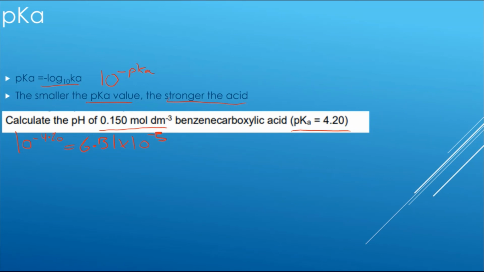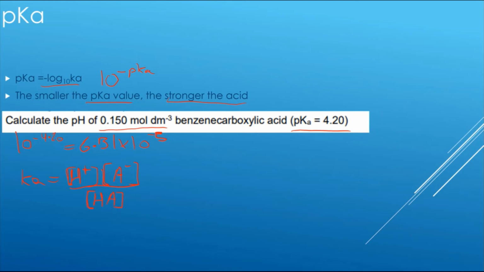This is the Ka value. And then we can write down the Ka equation. If I don't know the formula of the acid, I can just write that it would dissociate into H+, and I can choose a letter I want. I'm just going to write A- in this case.